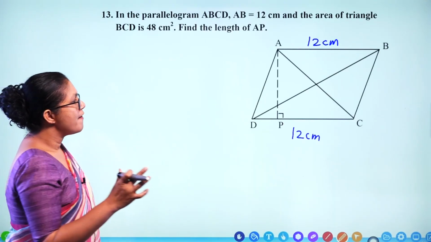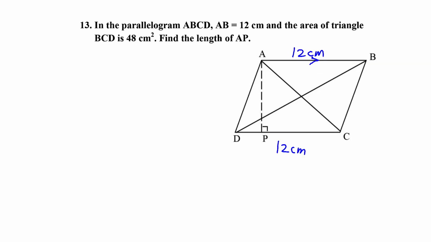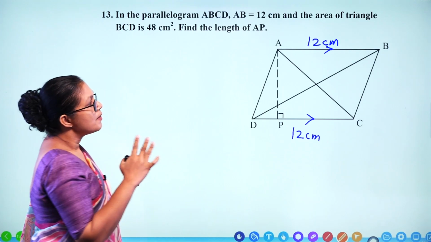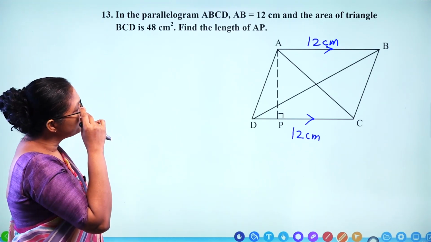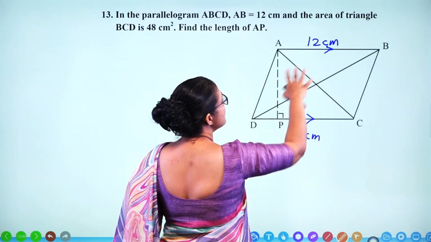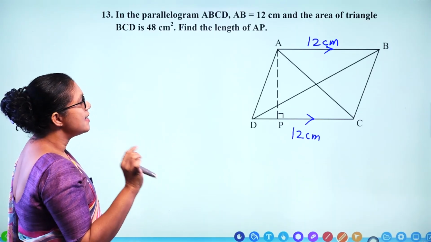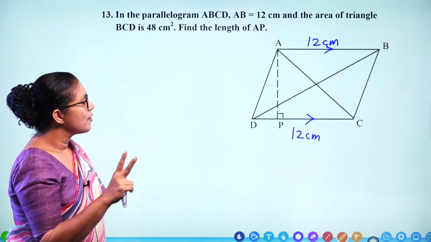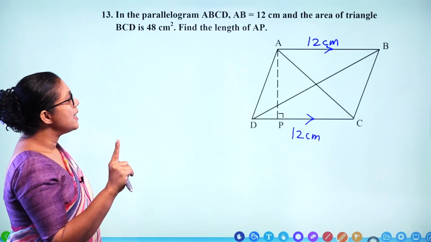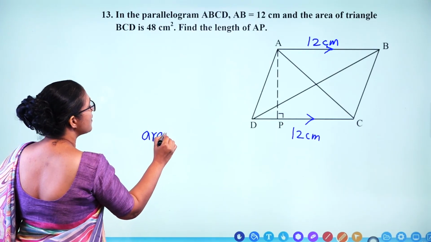If you know the area, now here, this is a parallelogram. Both lines are parallel. And this triangle is in between the same two parallel lines, and CD is the base. So we know the BCD area. So what's the area of the parallelogram?